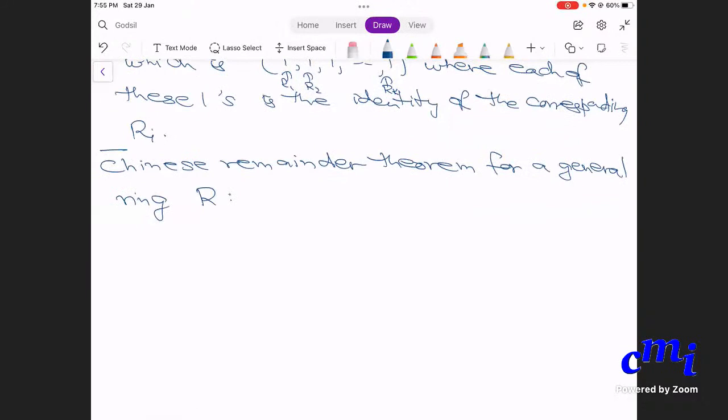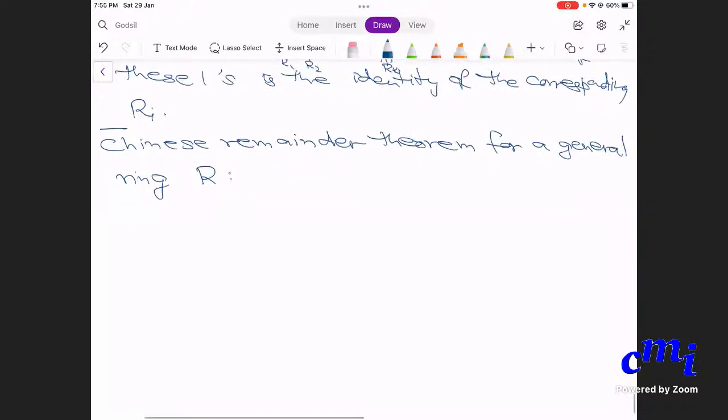So let me see what's the best way to state this. It states the following.